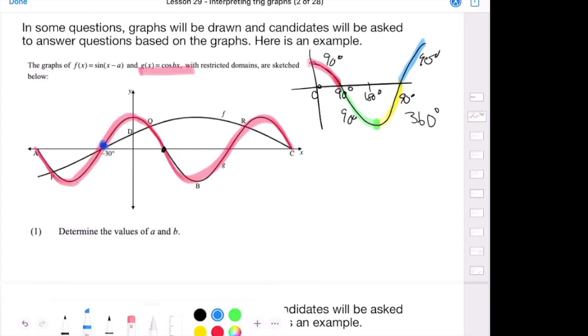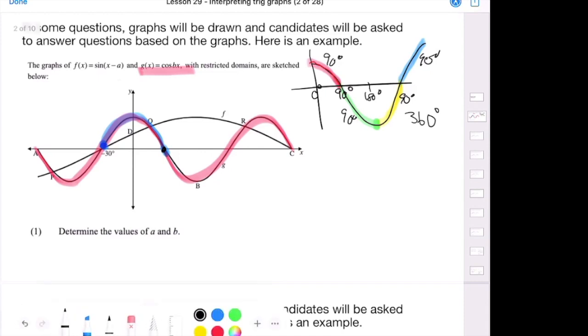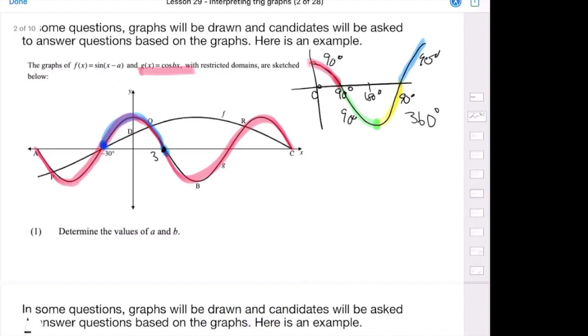Now you will notice that starting from negative 30 degrees up to here, that gives us half of the period. And at this point here, because of symmetry, we know that x must be equal to 30 degrees.